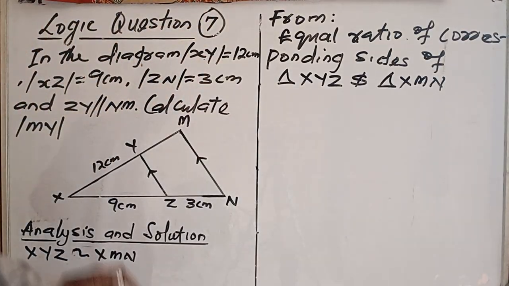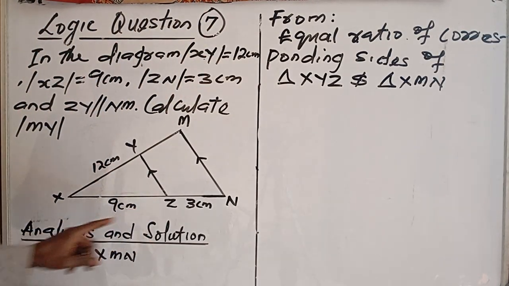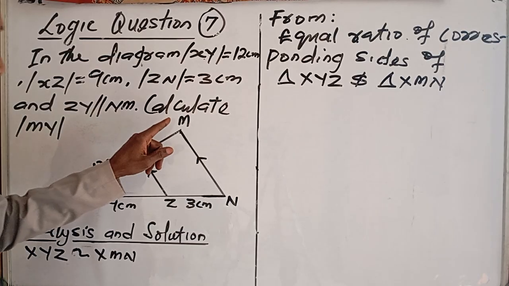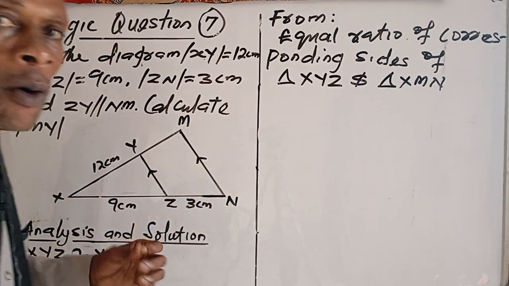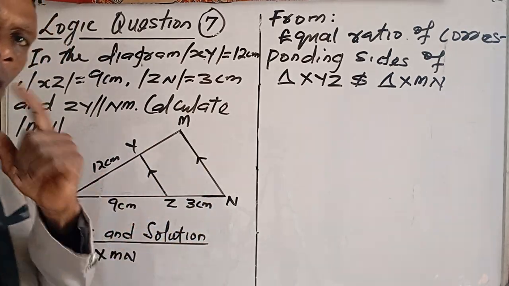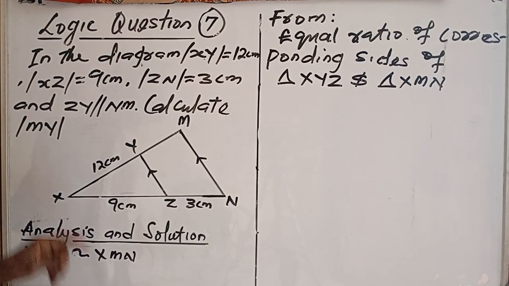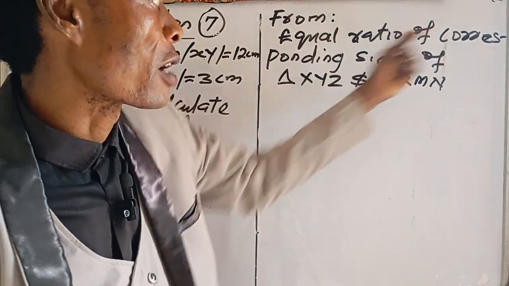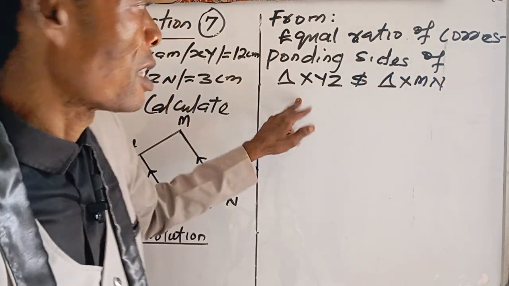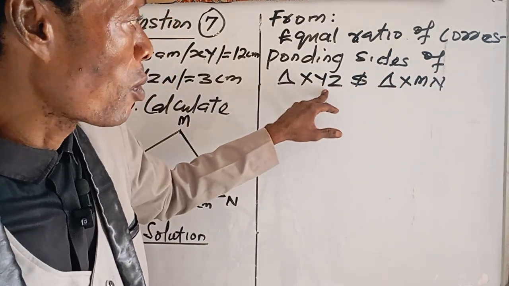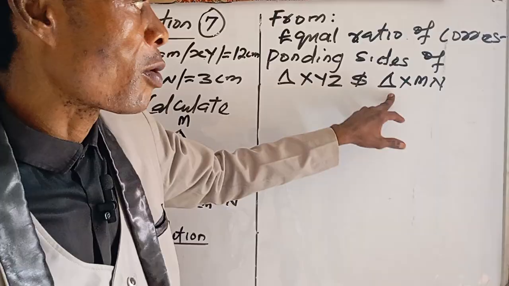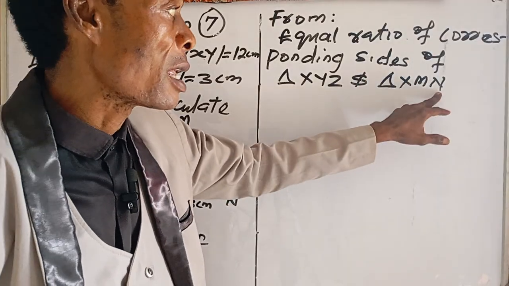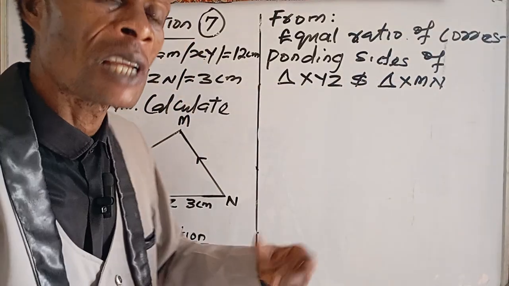You discover that the two triangles have a common angle, and that is angle X. So, from equal ratios of corresponding sides of triangle XYZ and triangle XMN, because the two triangles are similar.